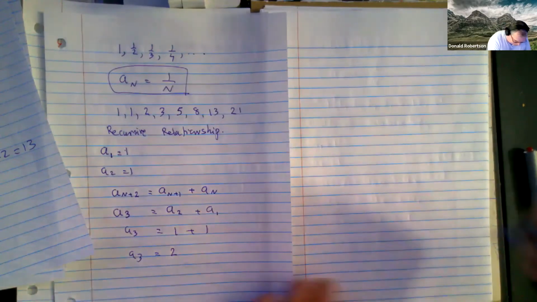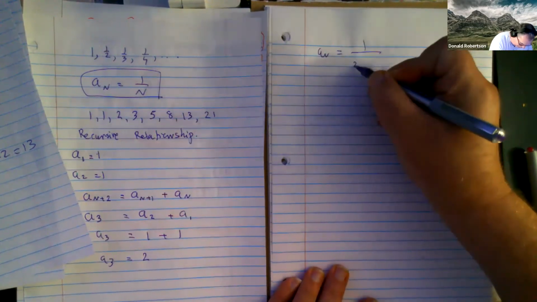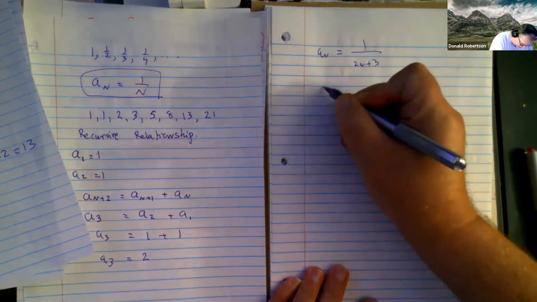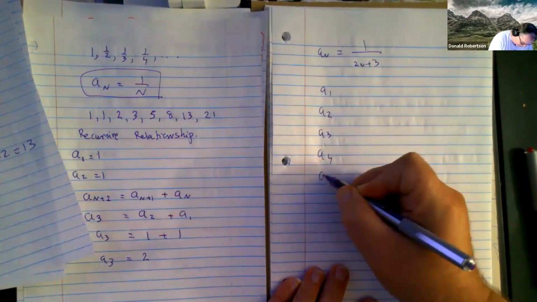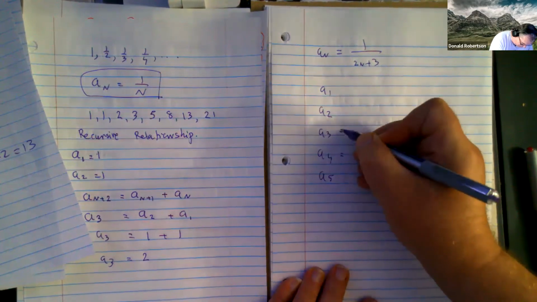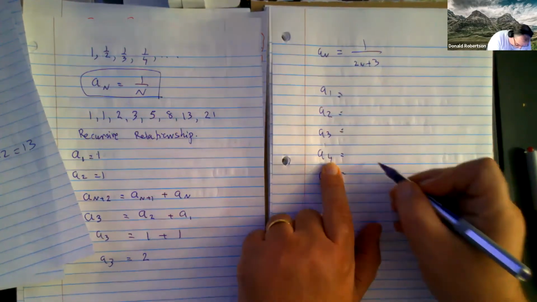I've lost my window. Here we go. I got it back. Now, the next one looks like this. I'm just going to pick one out at random. Let's get this guy.